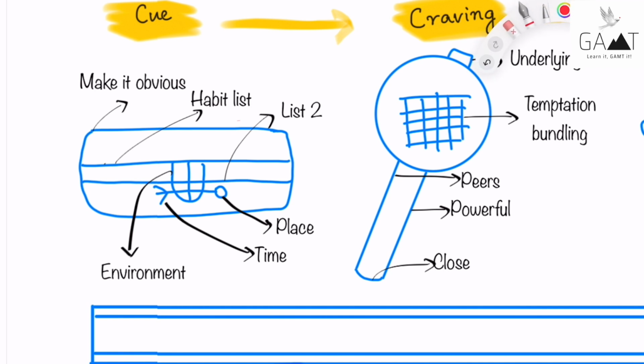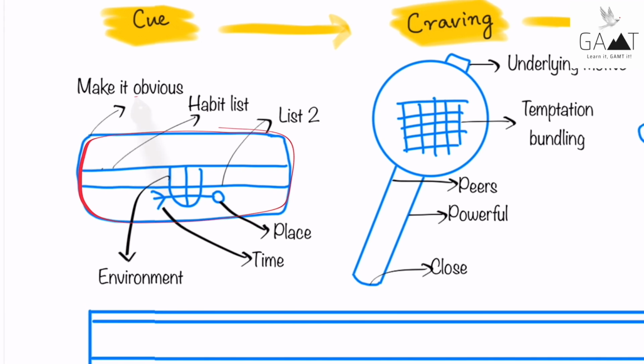So this outline of the suitcase here resembles the letter O, which stands for make it obvious. This line of the suitcase here resembles the letter L, which stands for habit list. This, another letter L, which stands for list two, okay? The flap on the suitcase resembles the letter E, which stands for environment.